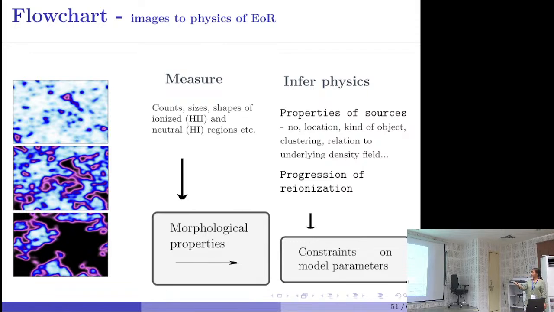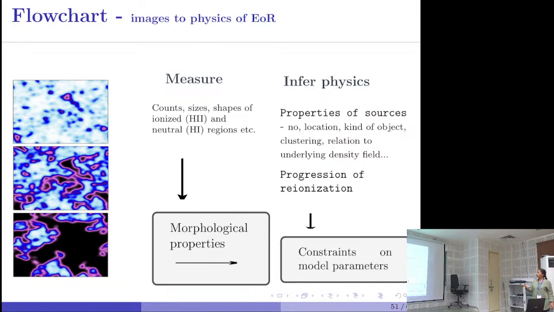And on the physics side, we have studied the 21 centimeter modeling. So we want to know properties of sources: the times of sources, the number of sources, how many stars are being formed in different epochs, and their location, how they are clustered. Then the underlying matter field, because the 21 centimeter signal is coming from hydrogen, and that is being coupled to the dark matter field, which is there everywhere.